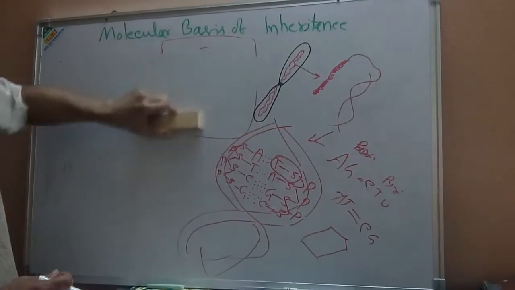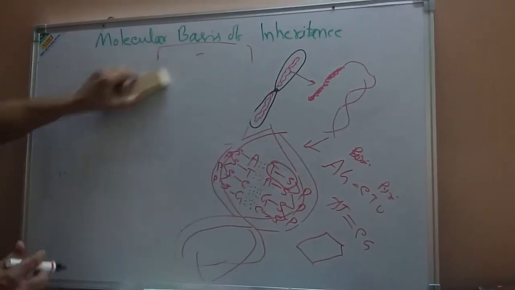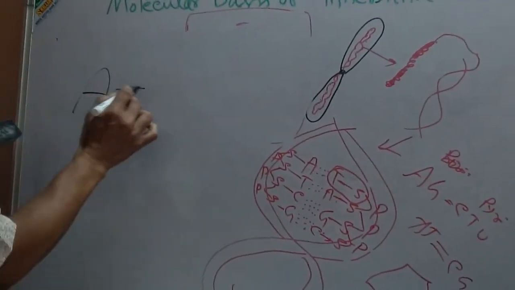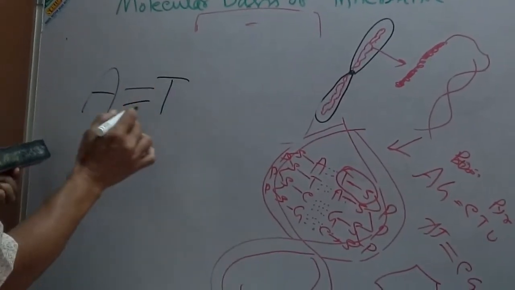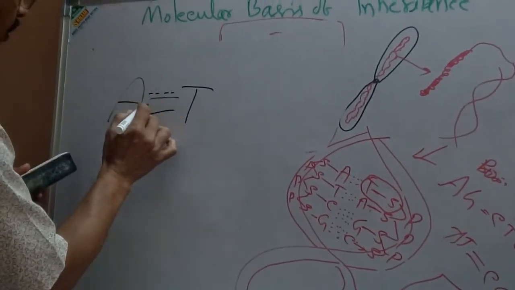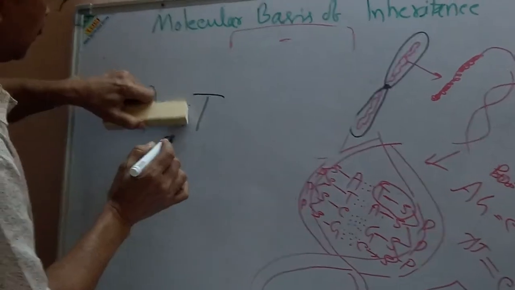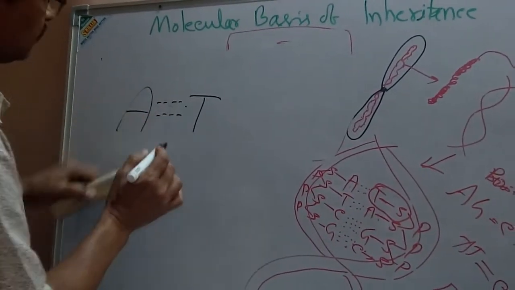We will erase this, there is no need. So this is adenine bonded with thymine. This is a weaker bond, that's why we draw it like that. A dotted line means a weaker hydrogen bond.